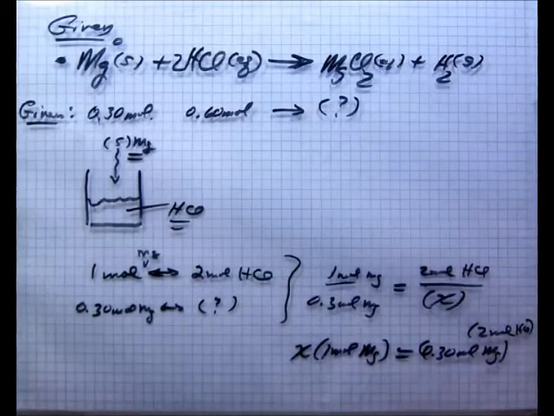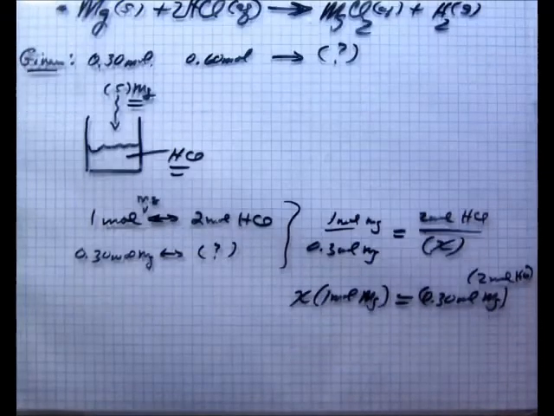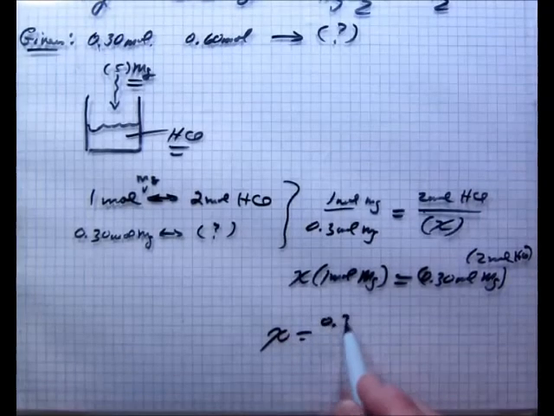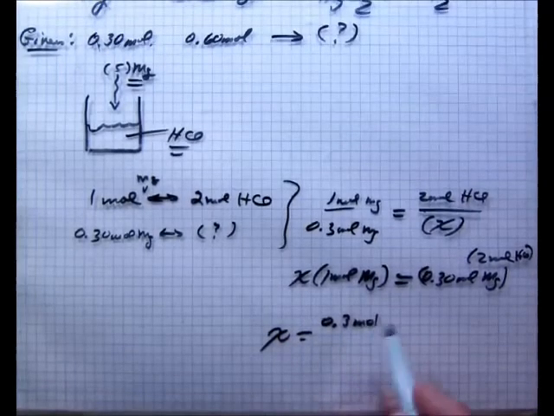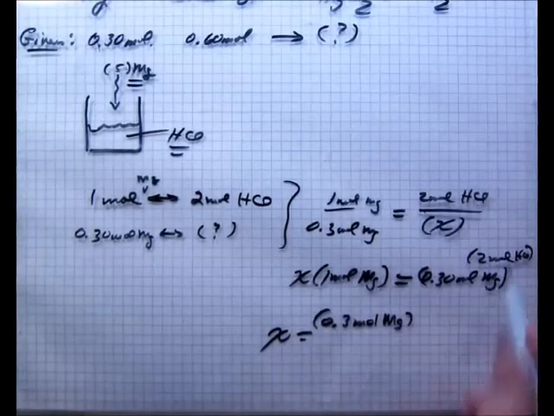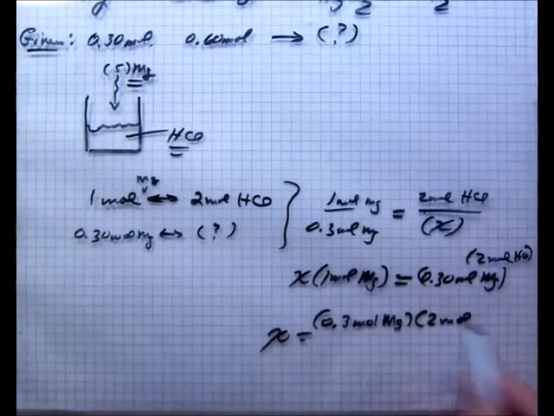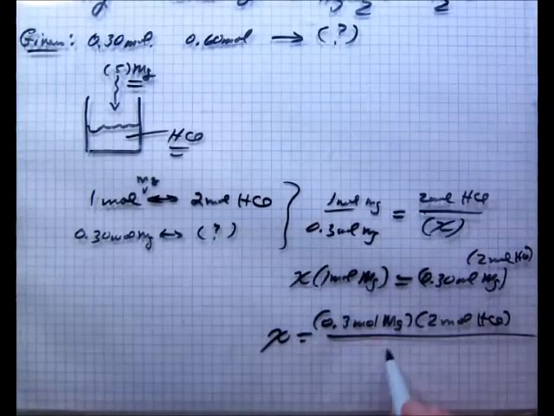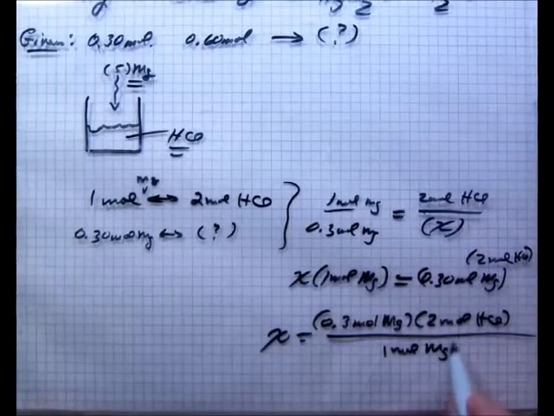Okay, let me move this up a little bit here. Okay, solving for X, I have 0.3 mole of magnesium times 2 moles of HCl divided by 1 mole of magnesium.